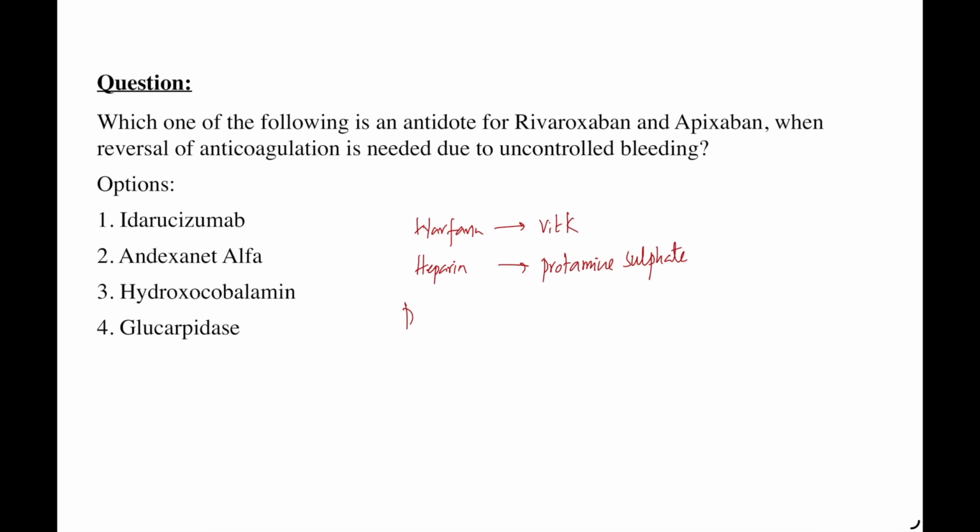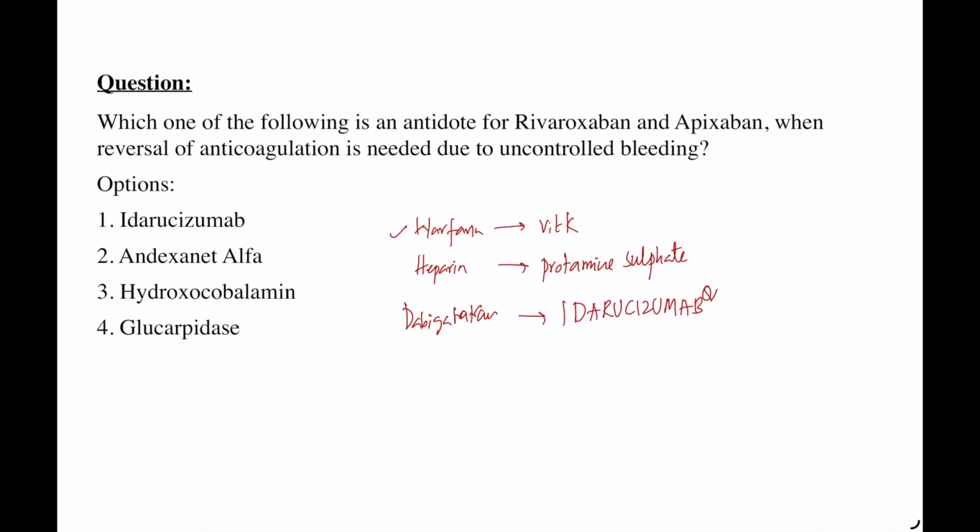If patient is taking dabigatran, then what is the antidote? This is last year's question. Idarucizumab, 2024 they asked. Now this year they asked. I think there is unfounded love for the examiner in UPSC CMS for asking these new anticoagulants, that too oral anticoagulants.